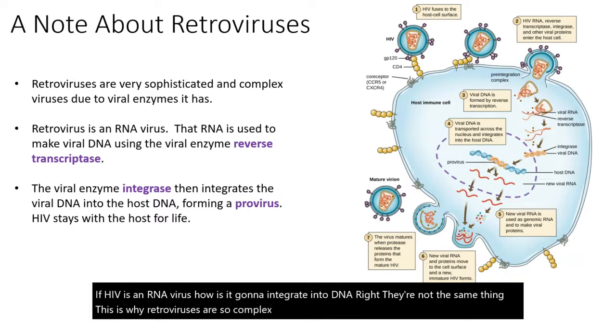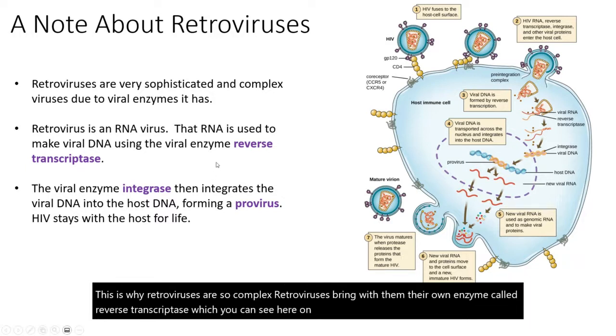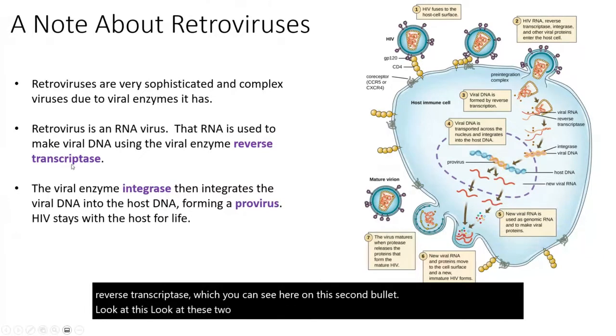Retroviruses bring with them their own enzyme called reverse transcriptase, which you can see here on this second bullet. Now look at these two words. Do we see transcriptase? Doesn't that sound like transcription? So for us, transcription is DNA and we make RNA.